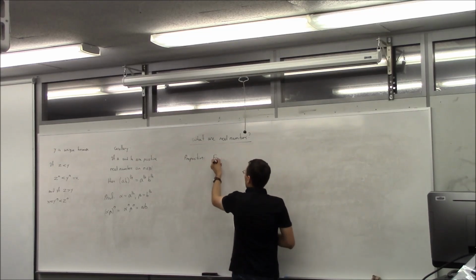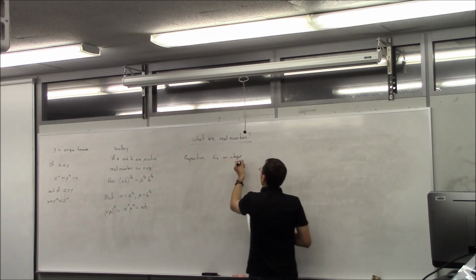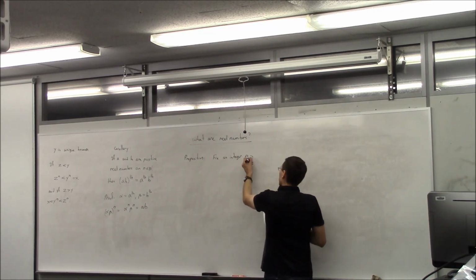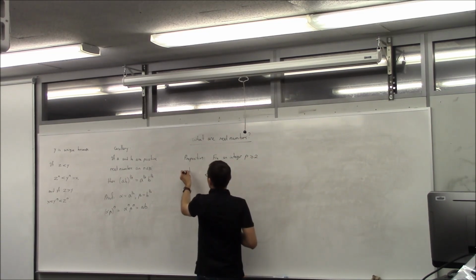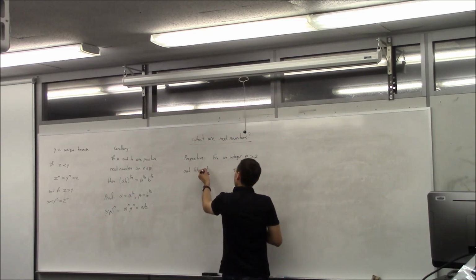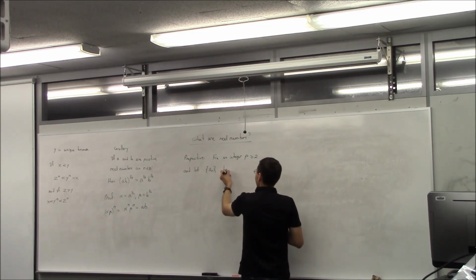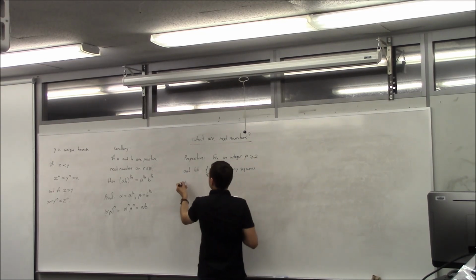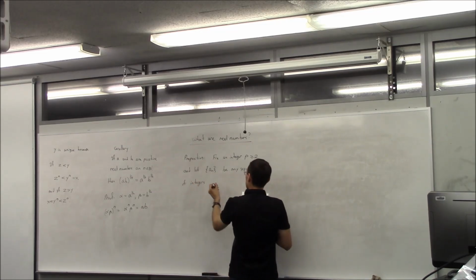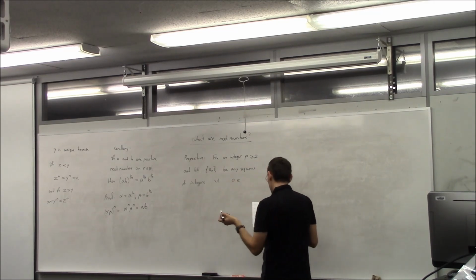Fix an integer p bigger than or equal to 2, and let the sequence a sub n be any sequence of integers such that 0 is the smallest it can be.